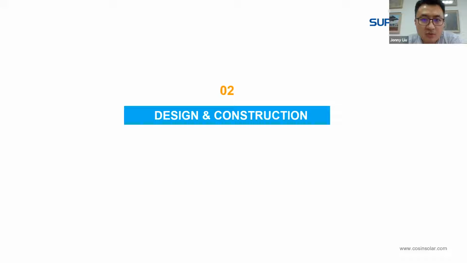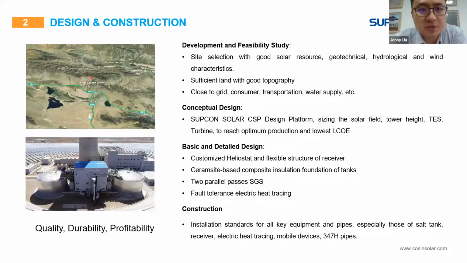The next part, I would like to share some experience about the design and construction of this project. Speaking of design, from the development and feasibility study stage, we have to select a site with good solar resource and geotechnical, hydrological, and wind characteristics.